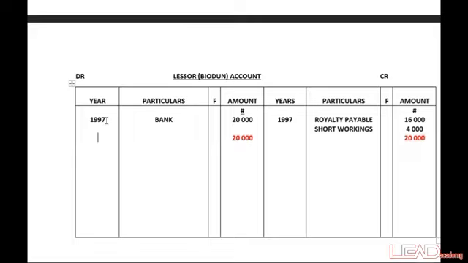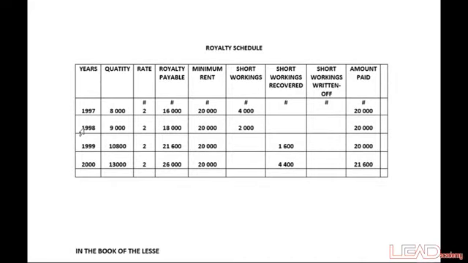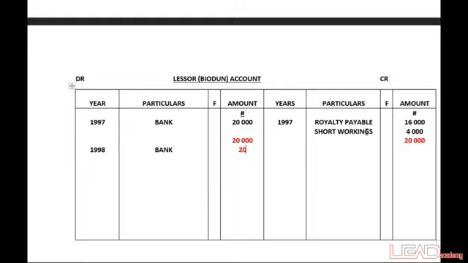Let's move ahead to 1998. In 1998, he received a sum of money in his bank account. How much did he receive? Then you go straight to your royalty schedule. In 1998, he received 20,000. So you put your 20,000 on the debit side.